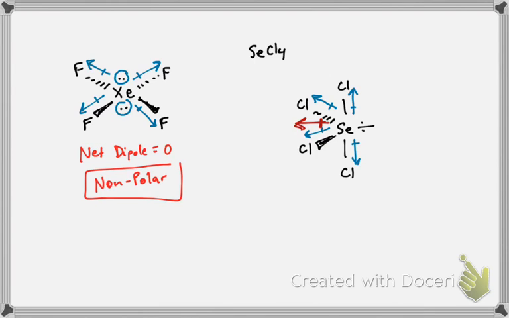So you can see that due to this asymmetric nature of this molecule, we have this lopsidedness, which causes electrons to hang out over on this side of the molecule. So in this case, selenium tetrachloride, because of its molecular geometry, because of its shape, is actually a polar molecule.